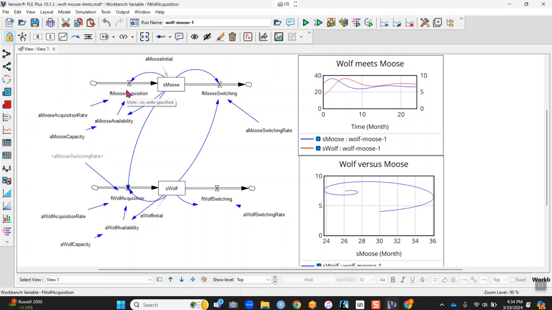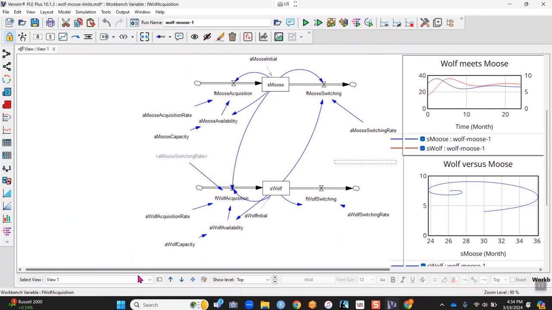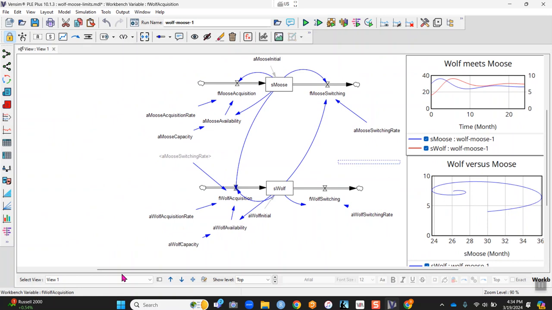So, a couple of stories to tell. Now, also what we were going to do is give ourselves a little bit of room over here. We were going to create a way to make moose capacity and wolf capacity endogenous. In other words, occurring within a bigger system. There's still going to be something exogenous.